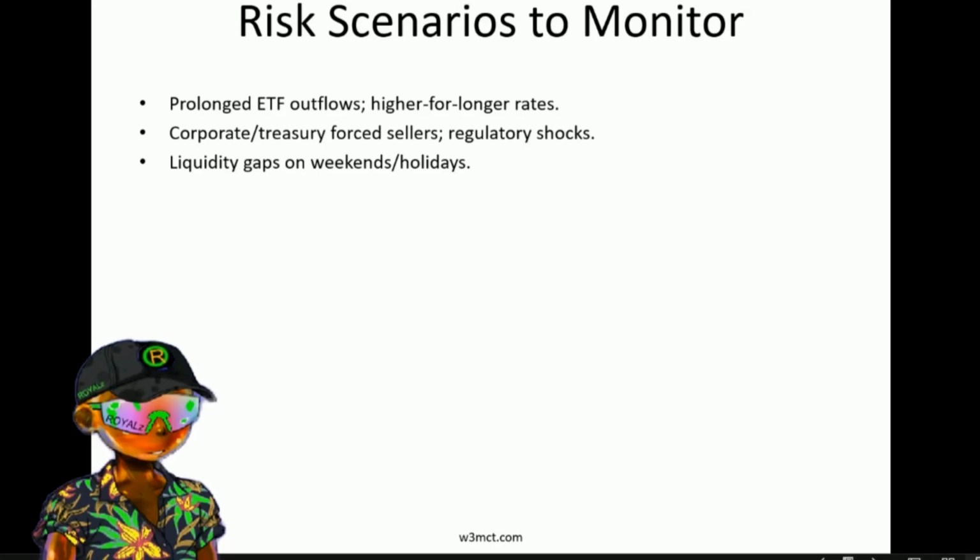So prolonged ETF outflows, higher for longer rates. We'll see, right? Corporate treasury forced sellers. If you don't know what that means, you're going to start seeing more and more of these treasury companies, right? These digital asset treasuries, I call them the DATs, right? DAT, digital asset treasury.